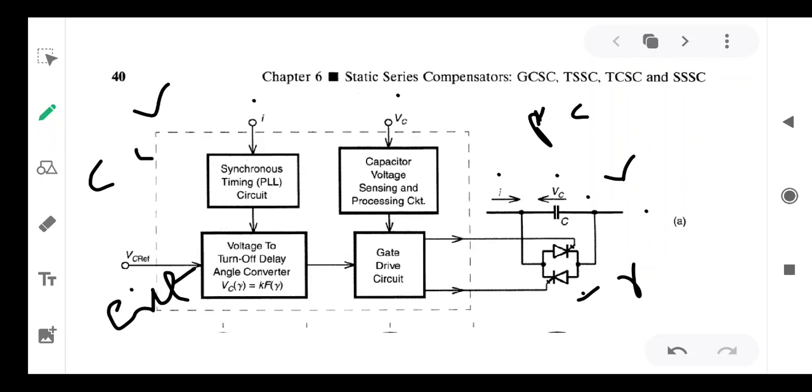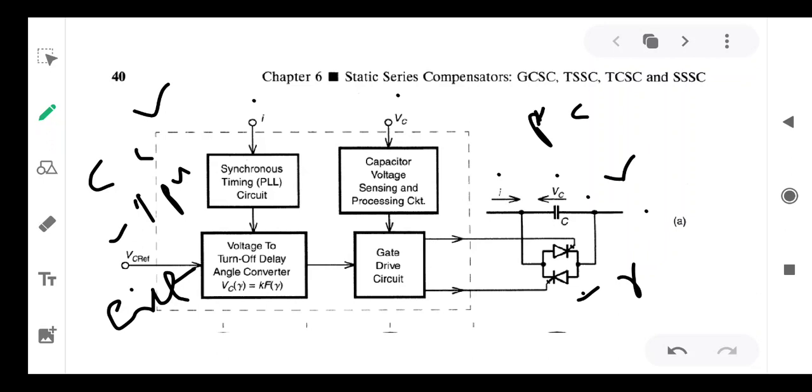For example, if you want to keep the terminal voltage constant, you need to maintain some injected voltage equal to VC reference. This VC reference corresponds to a voltage of 1 pu. That signal has to be given to this block.